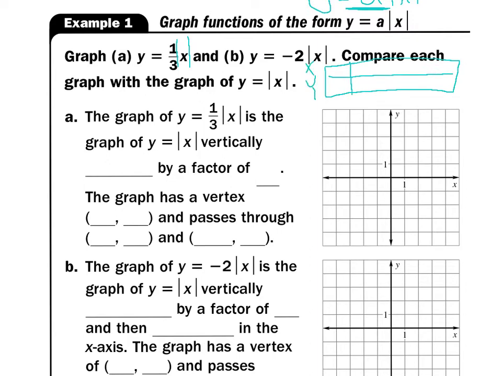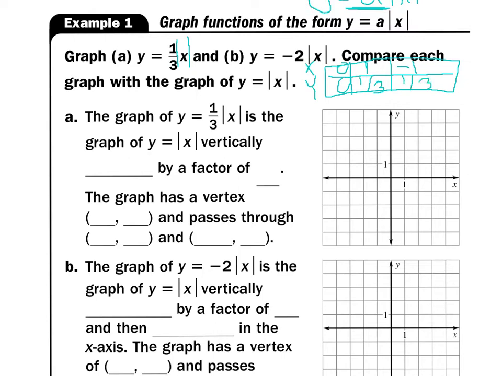If I put 0 in for x, what am I going to get out? 0 for y. If I put 1 in for x, what am I going to get out? 1 times a third is a third. If I put a negative 1 for x, then the absolute value of negative 1 is positive 1, and again, 1 times a third is a third.